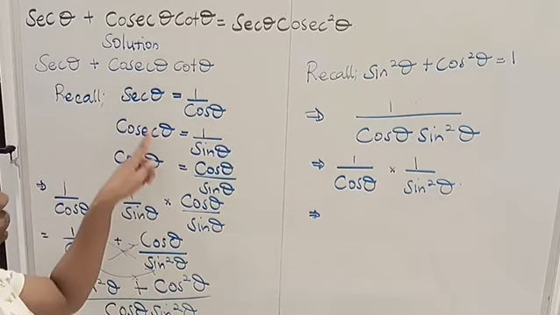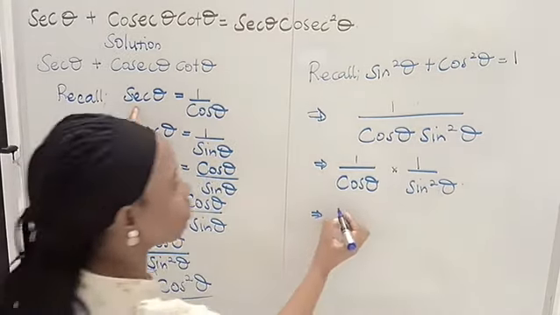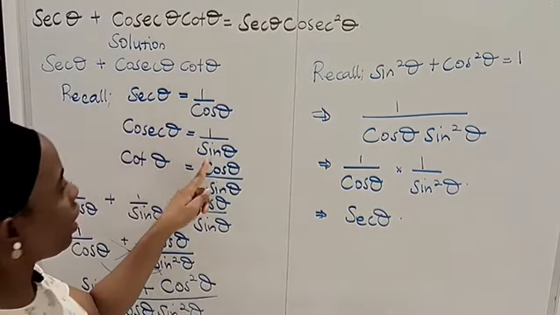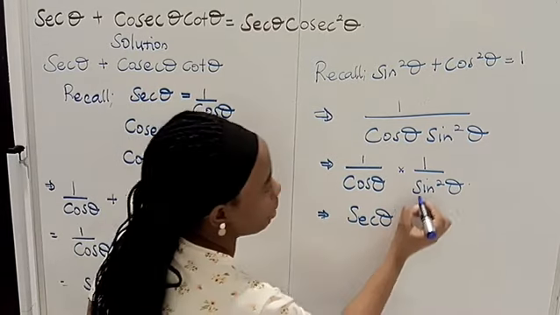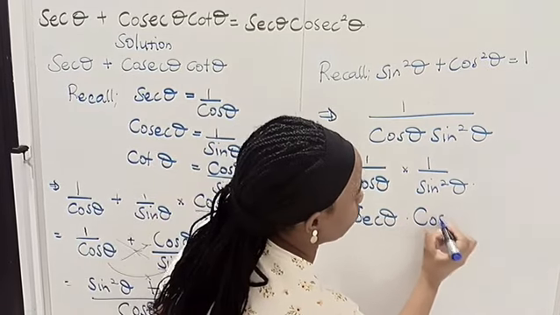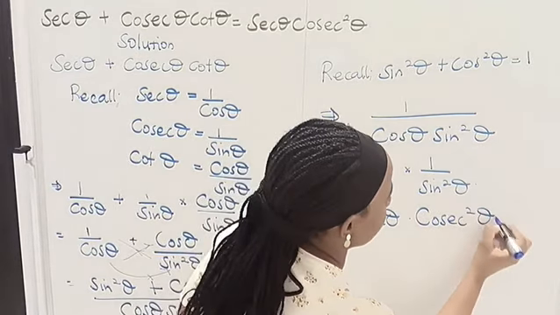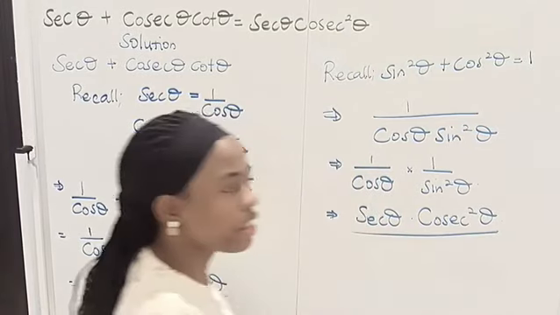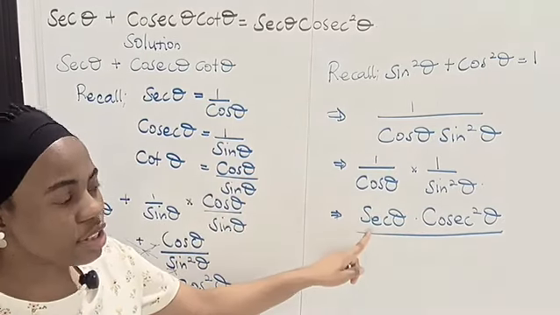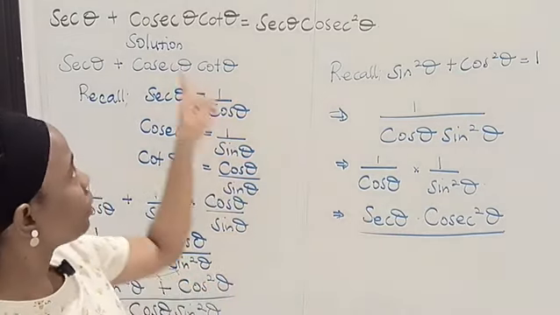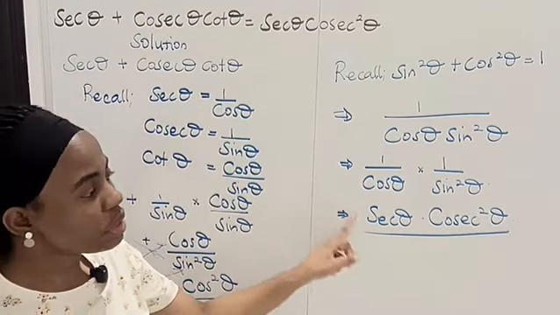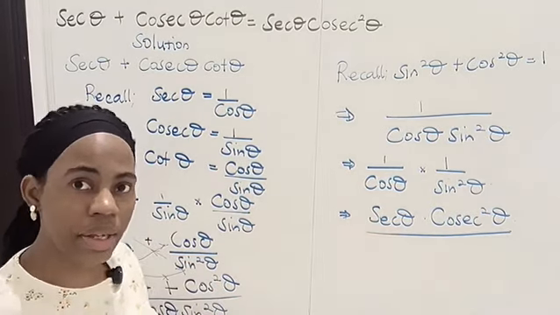Let us go back. 1 out of cos is sec, that is sec theta, multiplied by 1 out of sine, which is cosec, but this is sine squared, so it is going to be cosec squared theta, and this is our right hand side. So we have proved it from the left hand side, and it is true that sec theta plus cosec theta cot theta is equal to sec theta cosec squared theta.